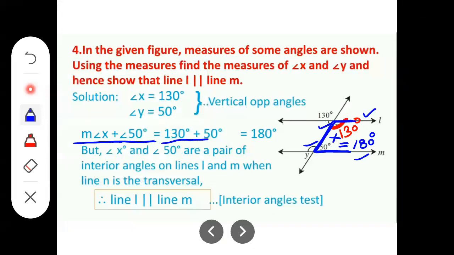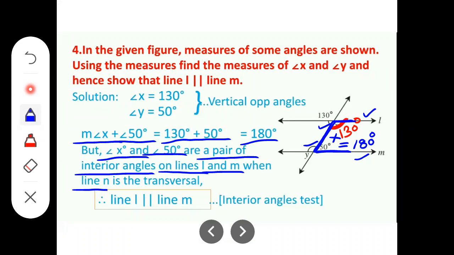Whatever I explained, angle x and angle 50 degrees are a pair of interior angles on line L and line M, and line N is their transversal.